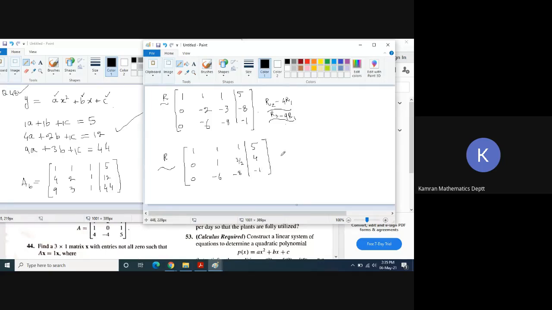We have applied the row operation minus 1 over 2 R2. Next, set this equal to 0, this minus 6.